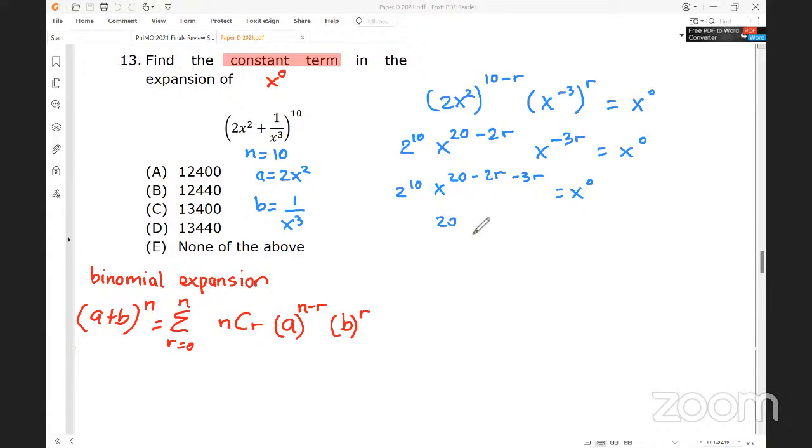So 20 minus 5r equals 0. So 5r equals 20. r is 4. Done. We just found one term.